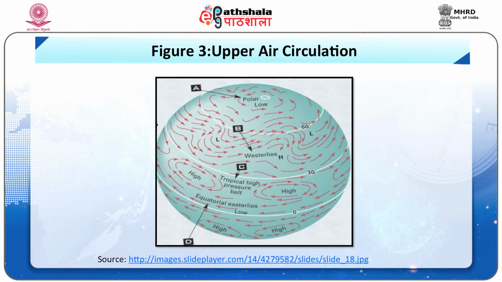Figure 3 shows 4 major elements of upper air conditions, namely A. Polar low, B. Persistence of upper air westerlies in the middle and higher latitudes, C. Tropical high pressure belt, which is constituted by a number of high pressure cells, and D. Equatorial easterlies between the equator and subtropical high pressure cells. The upper geostrophic winds are easterly. Similarly is the condition in the southern hemisphere.